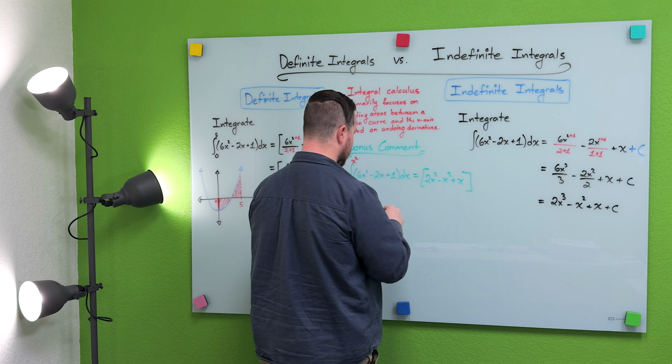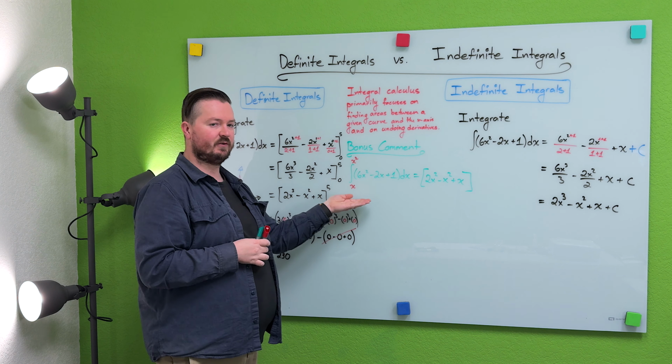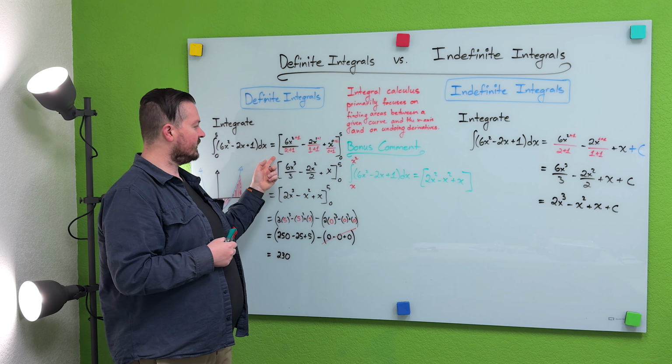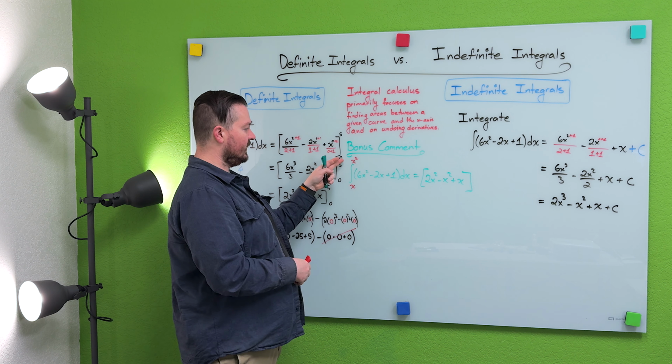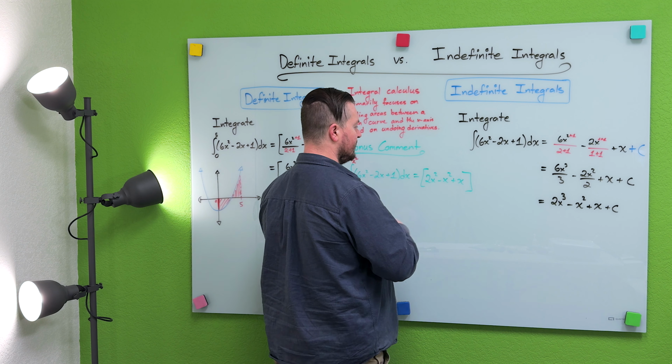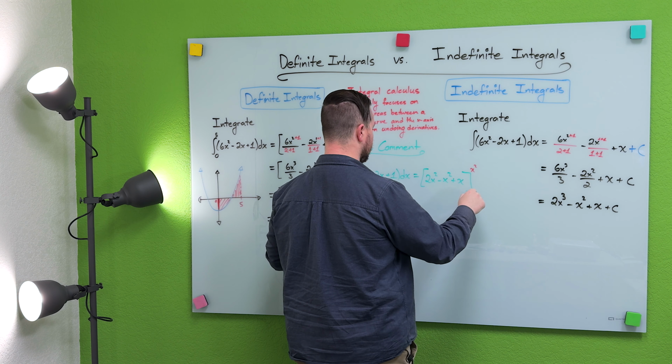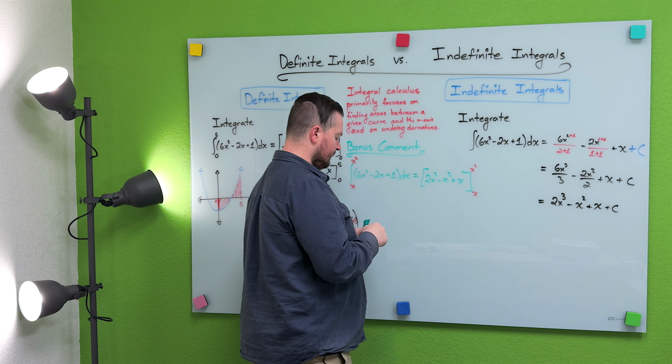But this is a definite integral because we do have limits of integration. So we do need to put the brackets, and we also need to bring over our limits of integration to the right side of either brackets or parentheses, whatever you prefer to use.